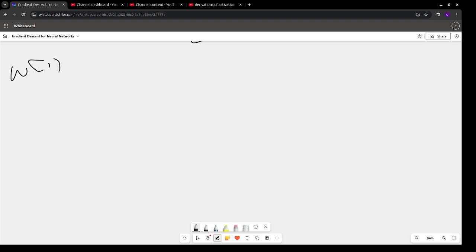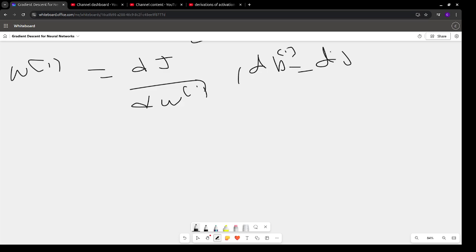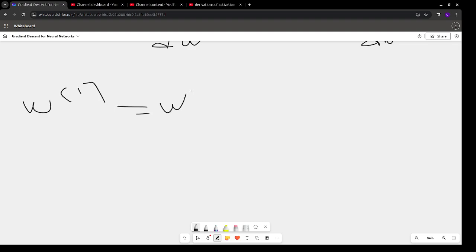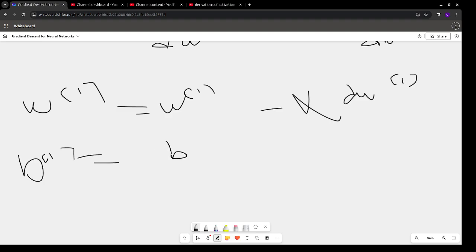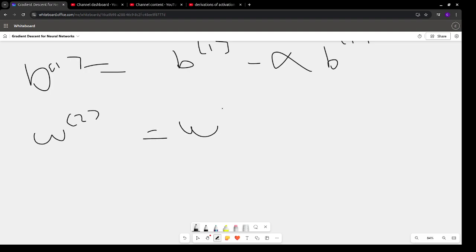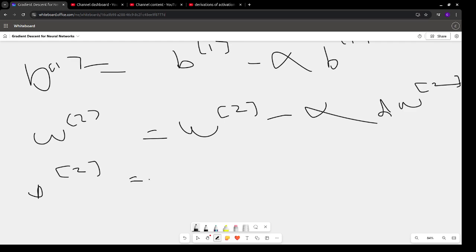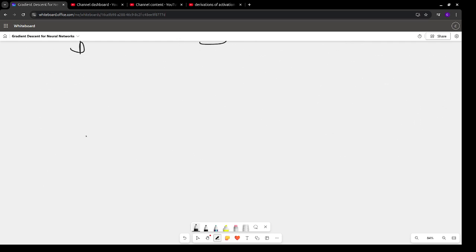And we are going to update W1 equals W1 minus alpha dW1, and b1 equals b1 minus alpha db1. Similar for W2 and b2, and this is for two layers. We will be having a lot of these iterations in gradient descent, so keep that in mind as well. So that's how it is working in the background, for the complex mathematical part.